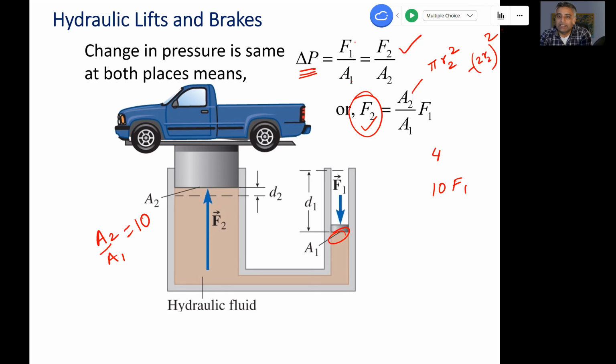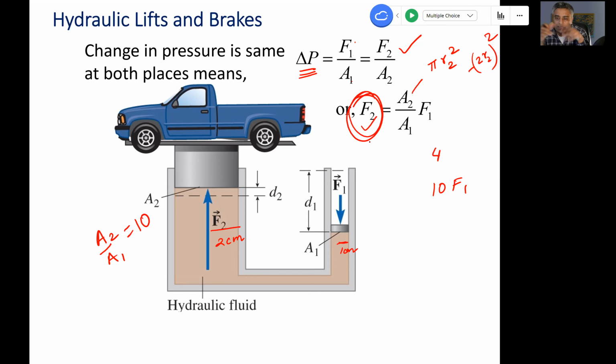So for example, let's say the radius of this one is 1 centimeter and the radius of this one is 2 centimeters. So you are doubling the radius. By doubling the radius, you are making the area 4 times larger. So force is now 4 times larger, not just double, but 4 times.